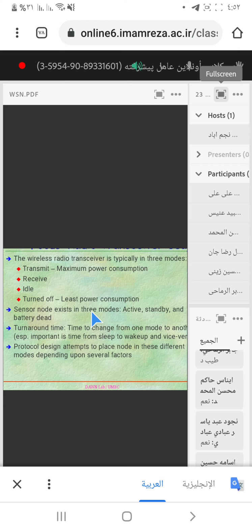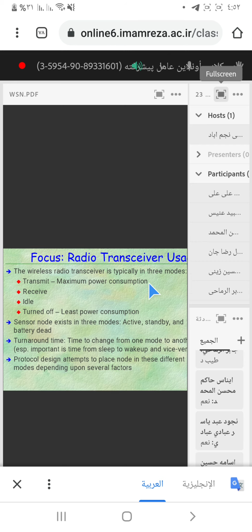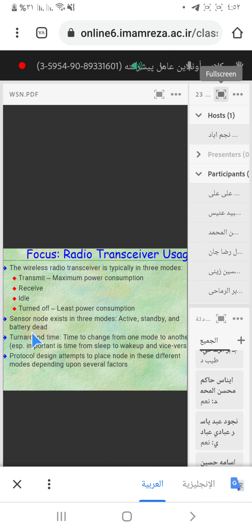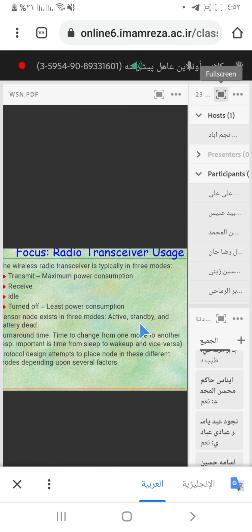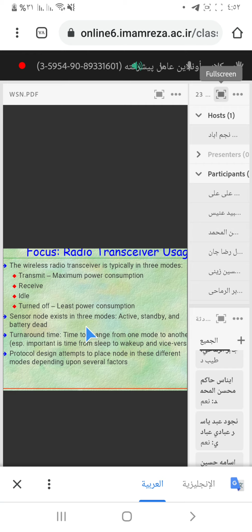Also, the turnaround time is defined for the transceiver. Okay, the turnaround time is the time to change from one mode to another. Again, the turnaround time is a time to change from one mode to another.